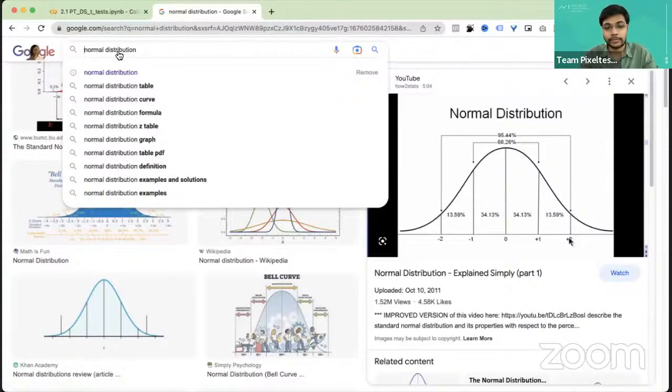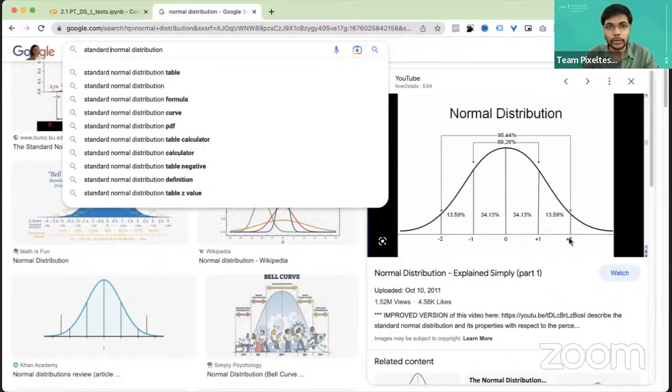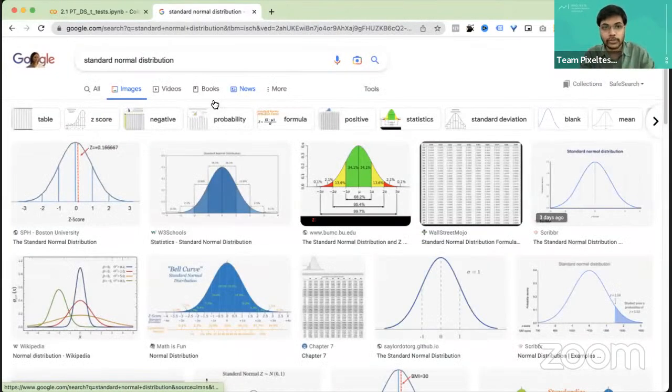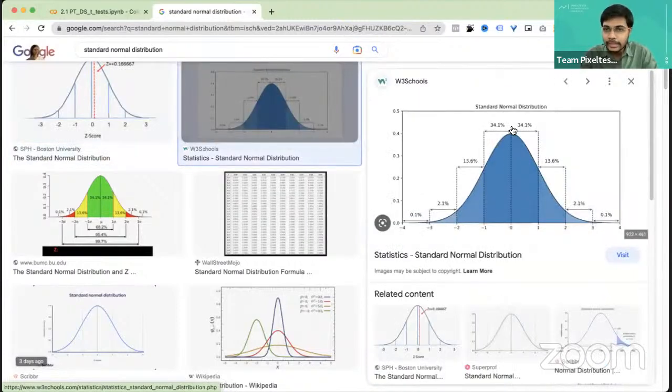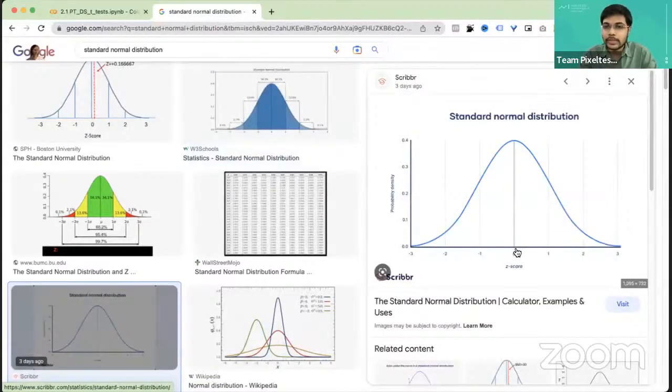And in that we have the standard normal distribution, right? So what a standard normal distribution is, whenever the mean is going to be centered around zero, if the mean is going to be zero, then it is called a standard normal distribution, right?